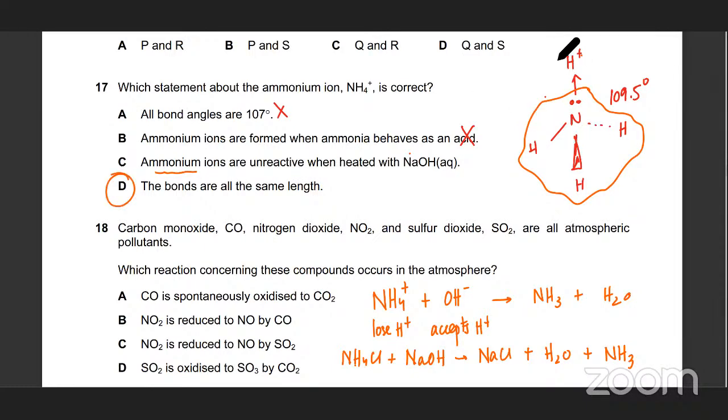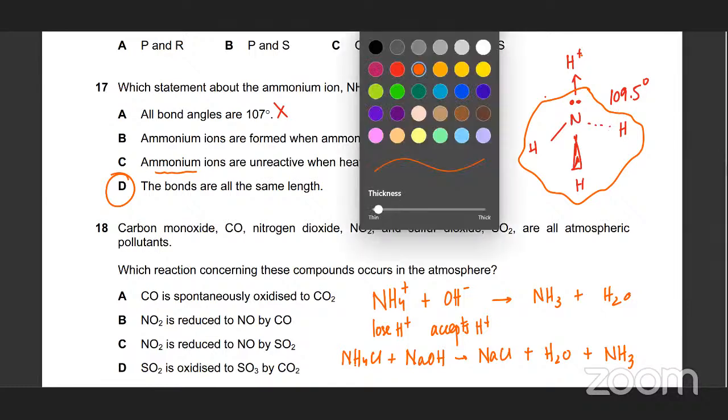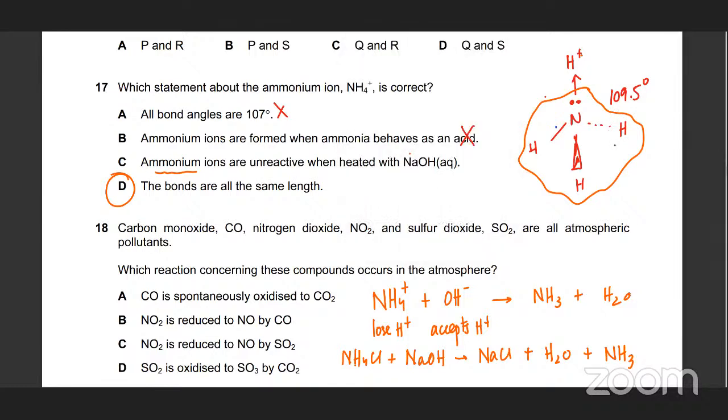Okay, once a dative bond is formed, all bonds are going to be exactly the same. Remember, once a dative bond is formed, the nitrogen would not know which one is the dative bond. From nitrogen's point of view, all of them would look exactly the same. I mean, there are 2 electrons here, 2 electrons here, 2 electrons here, and 2 electrons over here as well. Although over here, one of the electrons is coming from H and the other one is from nitrogen.